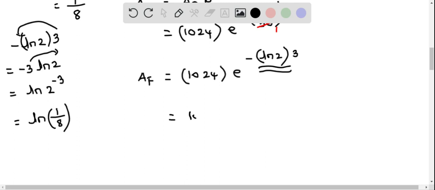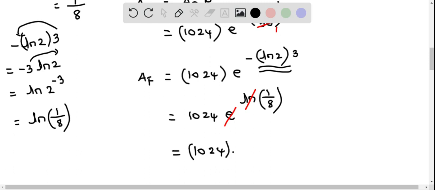Let me substitute here. So this becomes 1024 e raised to the power of natural logarithm of 1 over 8. Now we see that this exponential as well as this natural logarithm are inverse to each other. So they cancel out, which gives 1024 multiplied with 1 over 8.